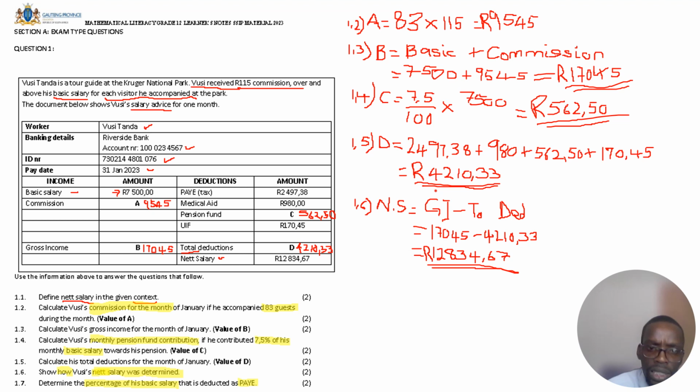Already here the PAYE has been calculated for us, but we don't know what percentage was used to deduct that, so we now need to calculate what percentage was used.